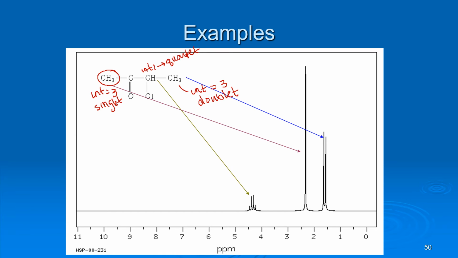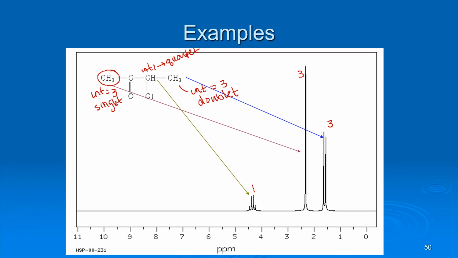Now it's a little bit deceiving. We have this with an integration of 3, and this with an integration of 3, and this with an integration of 1. So these are equivalent in terms of area under the curve, but because there are 2 peaks, you have to add them together. You can't always tell the relative amounts by looking at how tall the peak is.